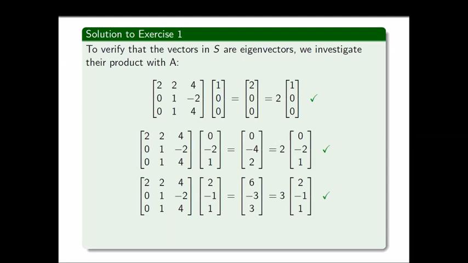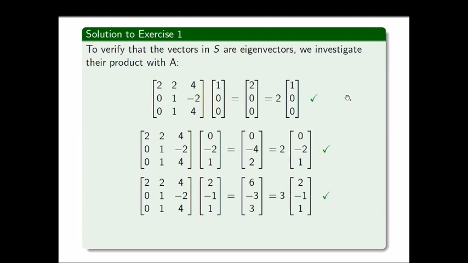And the next part is to verify that the vectors in S are indeed eigenvectors of the matrix A. And that is easy to verify because all we need to do is to multiply these vectors by the matrix A. And if the resultant vectors are multiples of the original vectors, then those vectors are eigenvectors with eigenvalue equal to the multiple, or to the ratio.